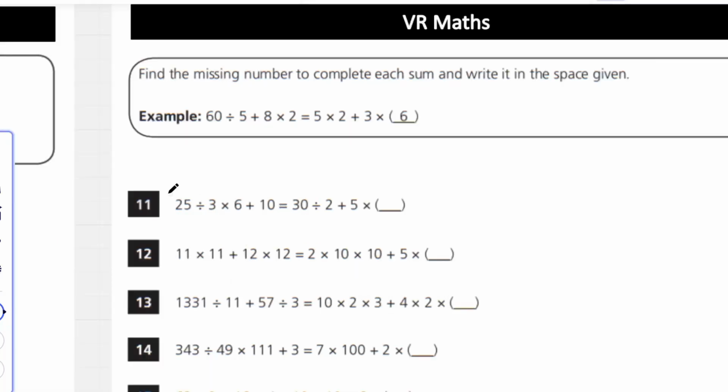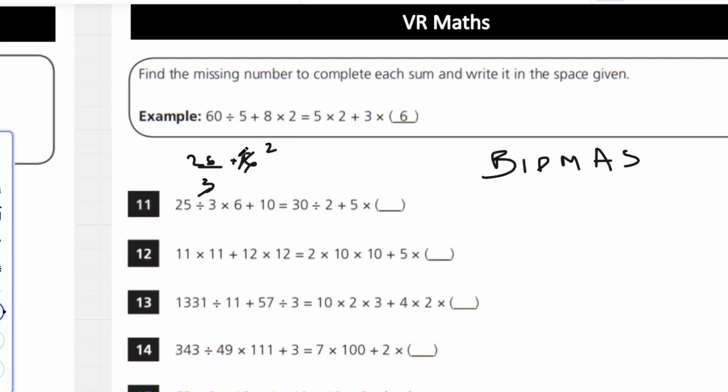We have VR maths 25, and let me write here, BIDMAS, division first. If anything, let's write this down as a fraction instead of getting decimals, and then multiply by 6 because that's the next thing we have to do. This can cancel out.